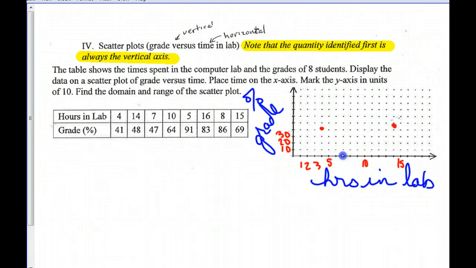All right, 747. 10.64. 5.91. 16.83, 8.86.